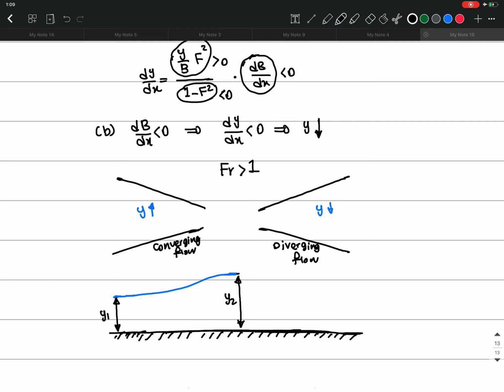And then in the diverging part, the depth of the water or flow should decrease. Okay, this is how it looks like.